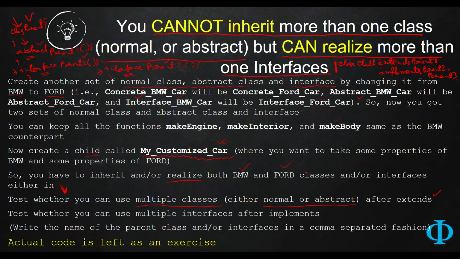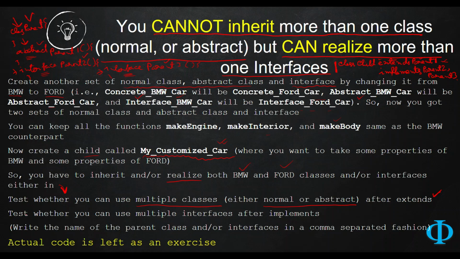You will see that if you write two different classes after the extends keyword, it is going to give you an error, because this is known as multiple inheritance and Java does not support it, as I told you in the example with parent and parent 1.